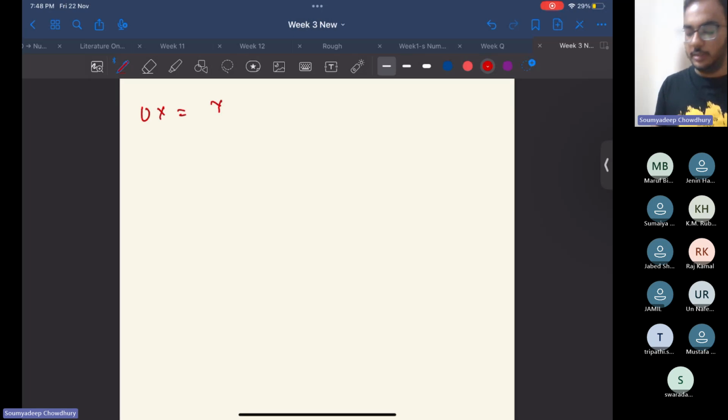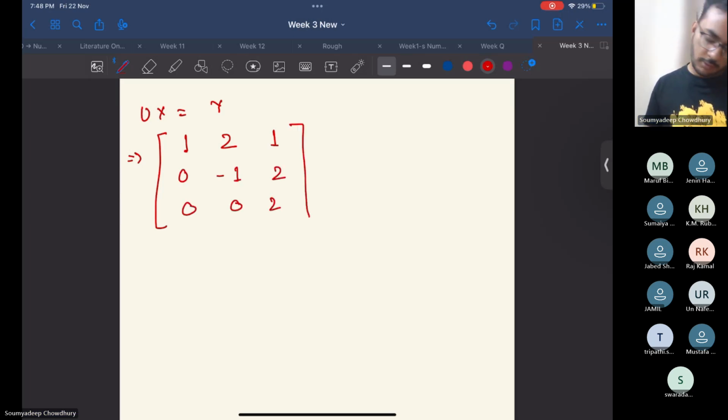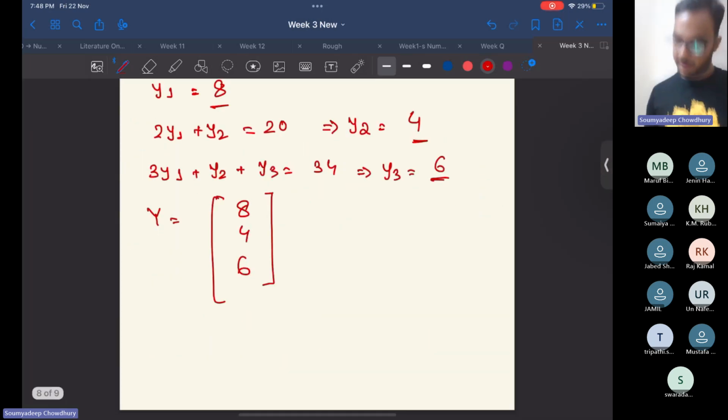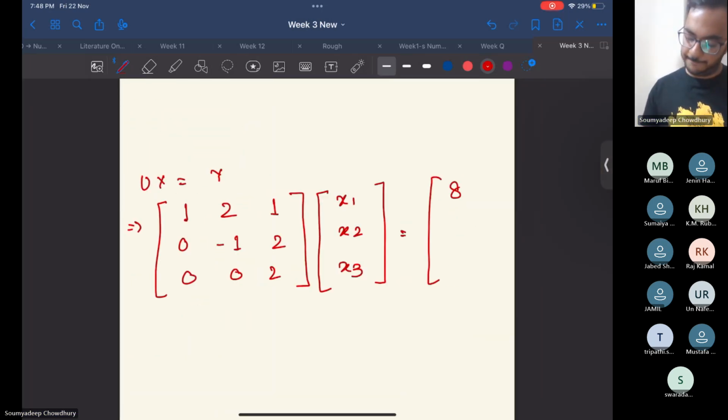UX equals Y. X we want to find out: x1, x2, x3, equals Y matrix, which is 8, 4, 6.